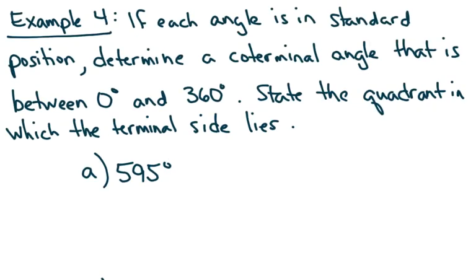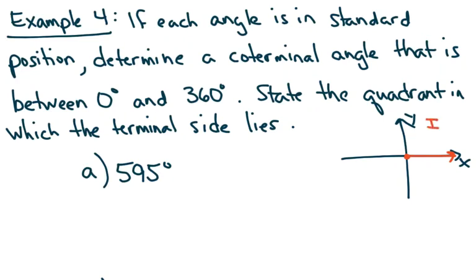Example 4. If each angle is in standard position, determine a coterminal angle that is between 0 and 360 degrees. State the quadrant which the terminal side lies in. Let's do a quick review here. Our initial ray is on the positive x-axis, and our positive direction is counterclockwise.